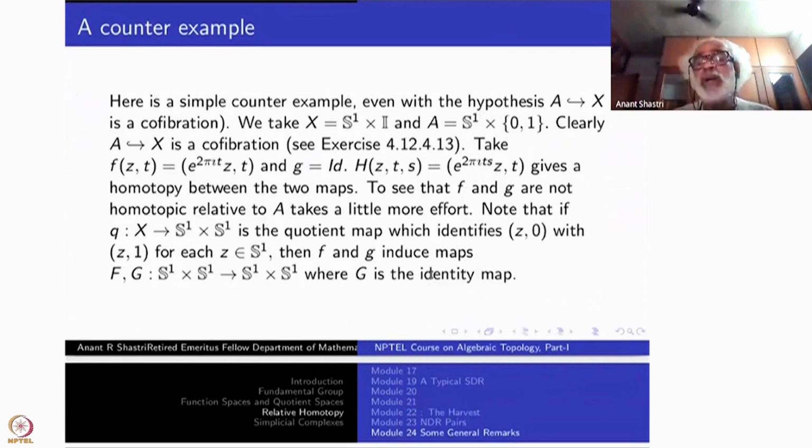The application of the fundamental group is to show that there cannot be a homotopy between F and G. If there is a relative homotopy between little f and little g, namely identity, that would have boiled down to give you a homotopy of capital F and capital G. Therefore, by showing that capital F and capital G are not homotopic here, you would have proved that f and g cannot be homotopic relative to the boundaries.